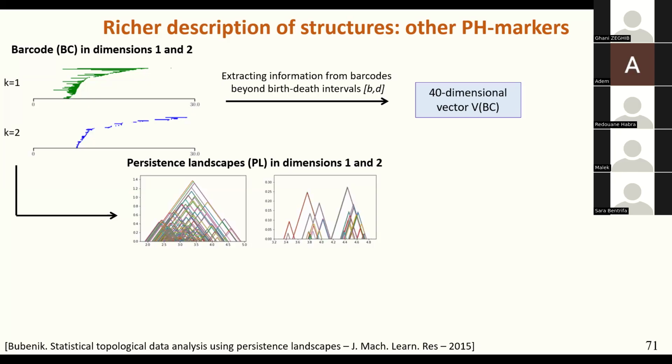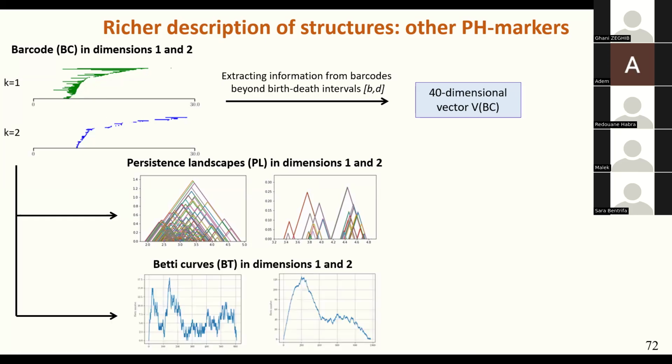So he defined what are called persistent landscapes, which are also averages done on barcodes. And in the literature, there also exist other types of curves called Betti curves. Like I said, Betti numbers; Betti curves count Betti numbers at each step of the filtration.